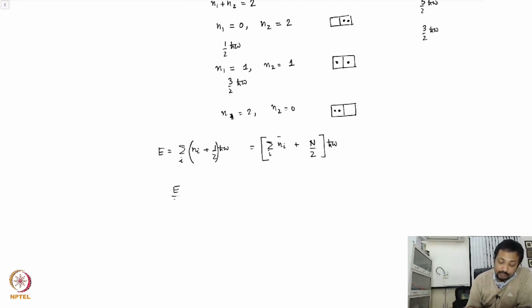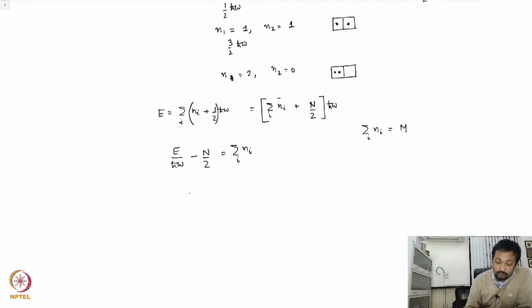So that E over h bar omega minus n by 2 is going to be the sum over i of Ni, and clearly this sum over i, which is the sum over the occupation numbers, is going to be m, an integer. So I have m is equal to E over h bar omega minus n by 2.